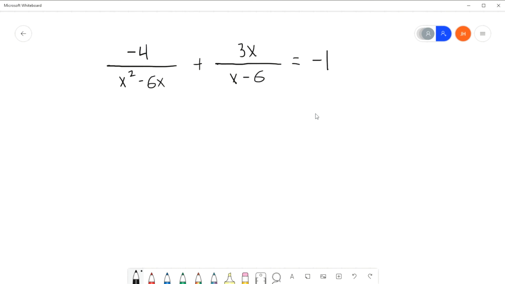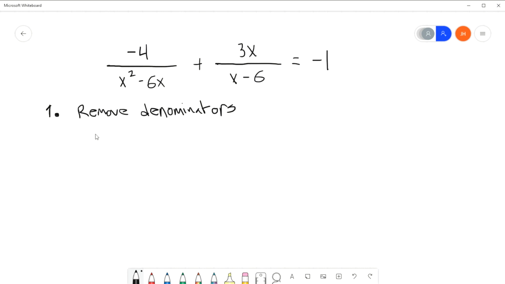The first step of solving any rational equation, the first thing to do, is to remove the denominators. Just like with equations before, having a fraction is annoying, isn't it? Fractions are terrible, let's be real. So let's get rid of these denominators so that we don't have fractions anymore.